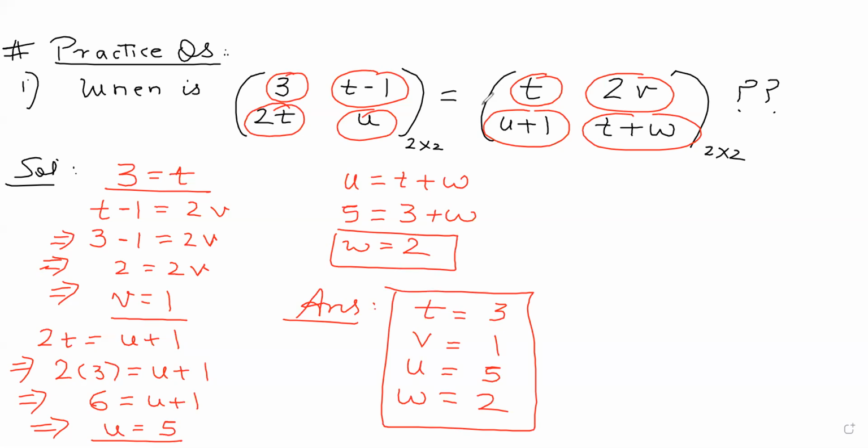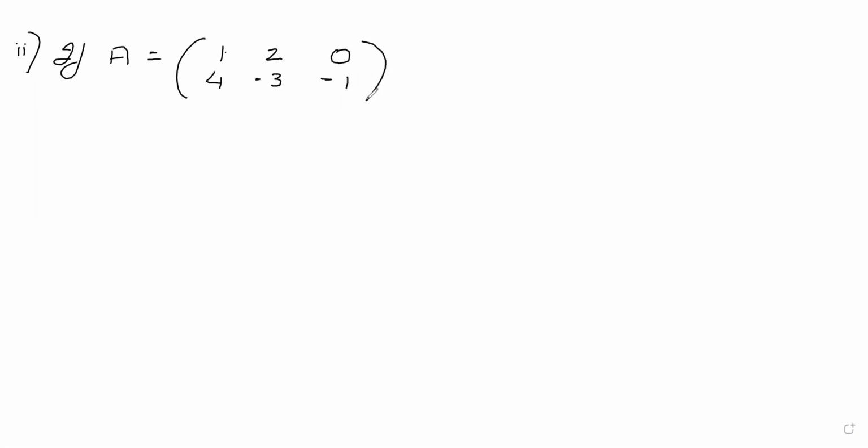Okay. Then let's look at the second question. If the matrix A is equal to 1, 2, 0, 4, minus 3 and minus 1, and my matrix B is equal to 0, 1, 2 and 1, 0, 2.